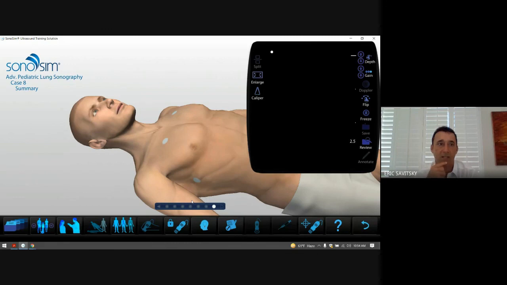So 3 cases, 3 examples using the SonoSimulator to really learn image acquisition and image interpretation.